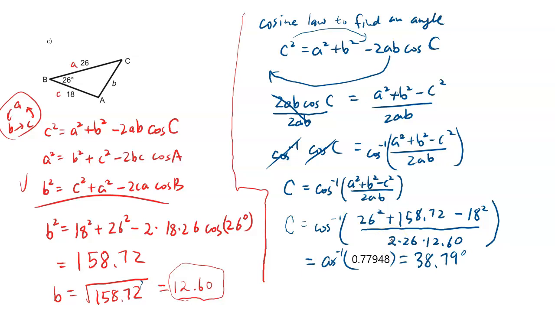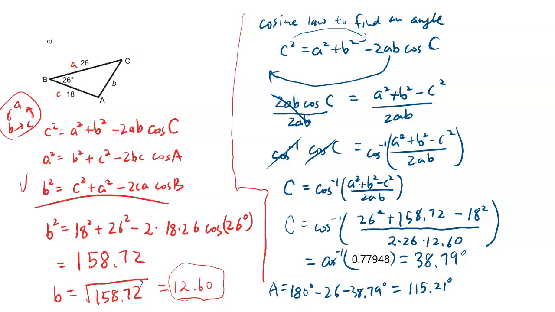And then since you have B, the only unknown angle now is A, right? A is 180 minus 26 minus 38.79 degrees, which is, let's see, 115.21 degrees.